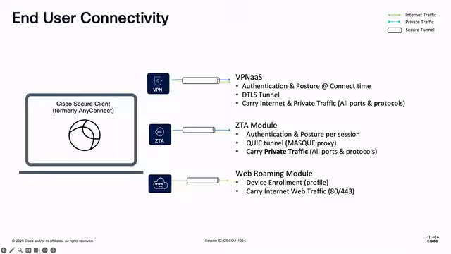The ZTNA, the Zero Trust Access, does not have to be concerned about the overhead that you get by using the IPsec protocol. One thing I want to point out is today the ZTNA approach only supports private traffic. So keep that in mind. And then we, again, have the web roaming module, which is focused on internet web traffic as well as DNS traffic.